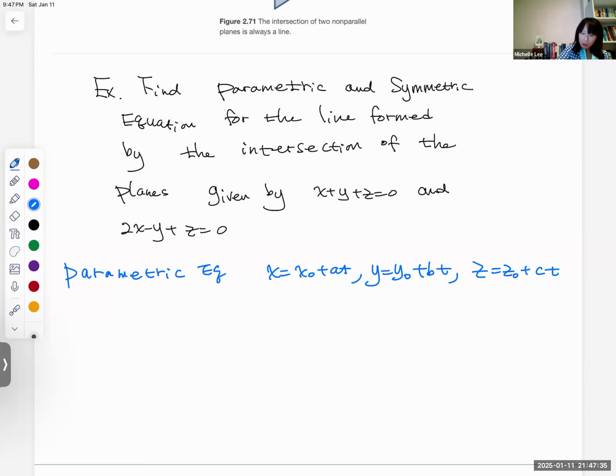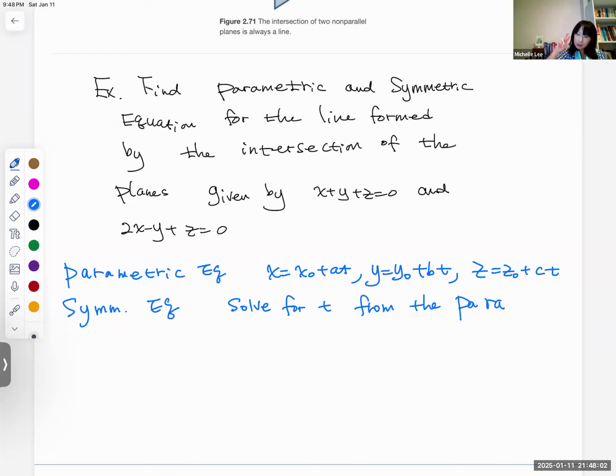Then for the symmetric equation, we need to solve for t, right? So the symmetric equation, solve for t from the parametric. Okay, so let's do it.